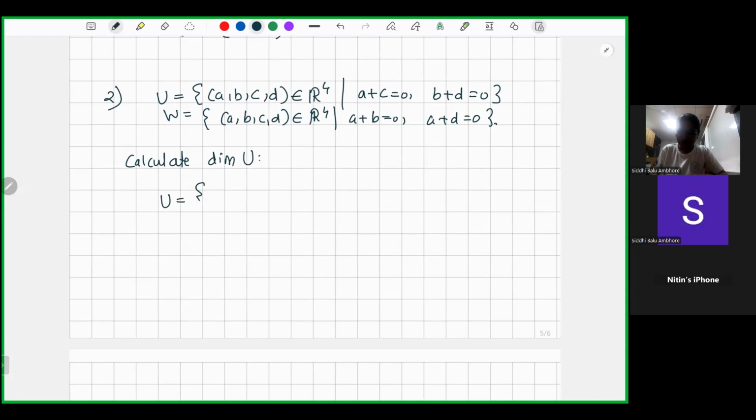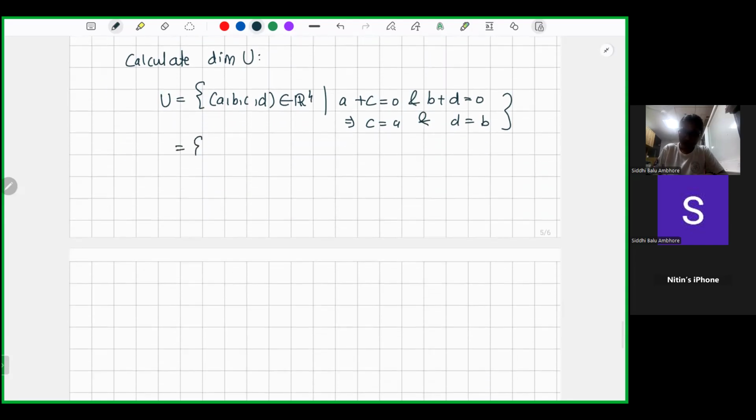So U is this space of (A, B, C, D) in R4 such that A plus C is 0 and B plus D is 0. This implies that C must be minus A and D must be minus B. I'm not writing everything again and again.